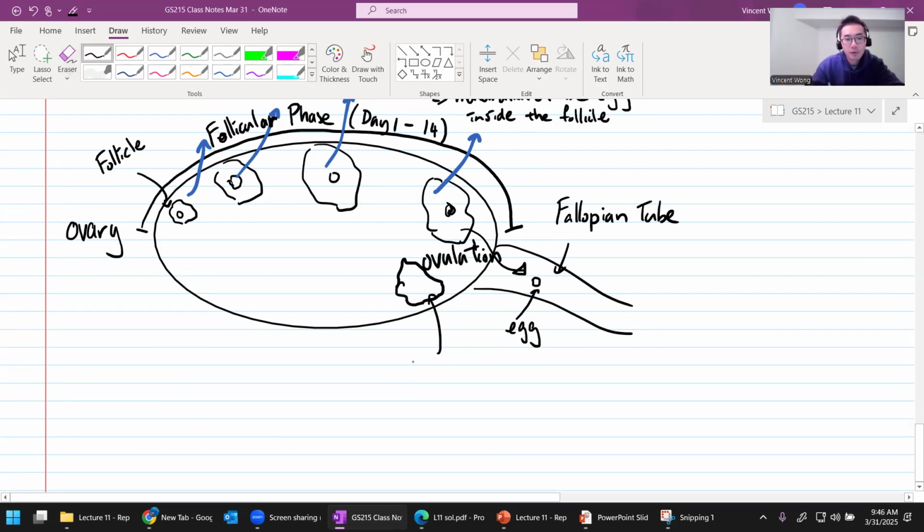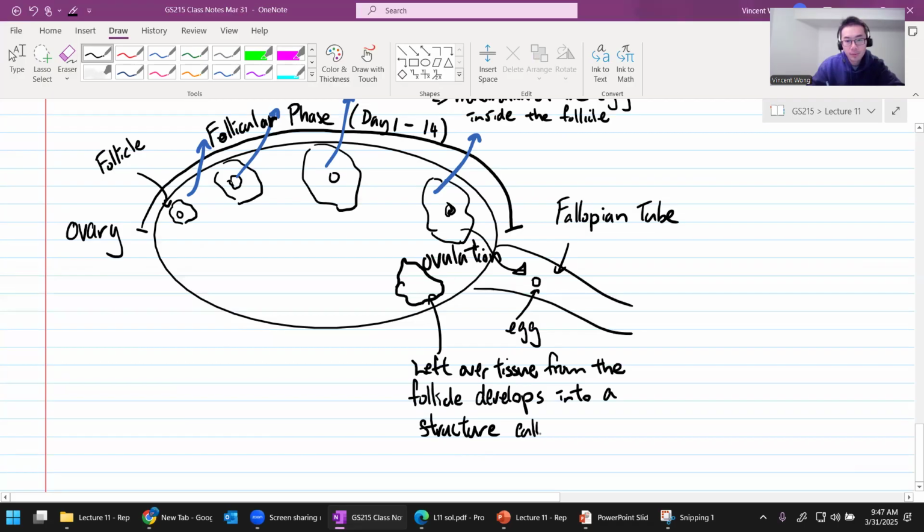This leftover tissue from the follicle develops into a structure called the corpus luteum.